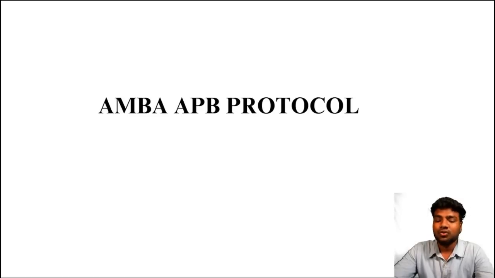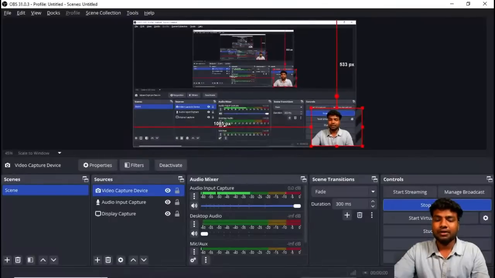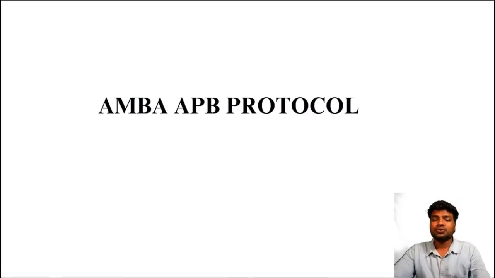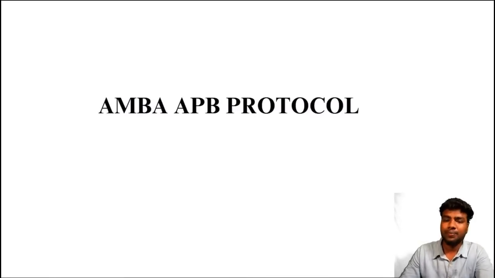So on-chip means communication inside the chip. Off-chip means communication outside the chip. I think I'm audible to you. So let's see in this session what is APB protocol.